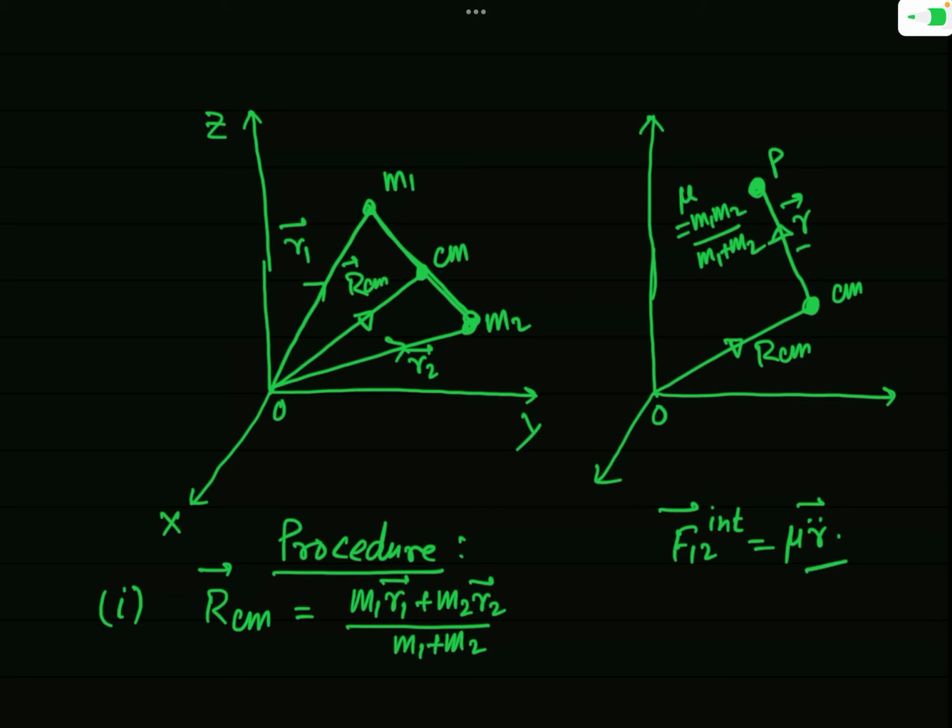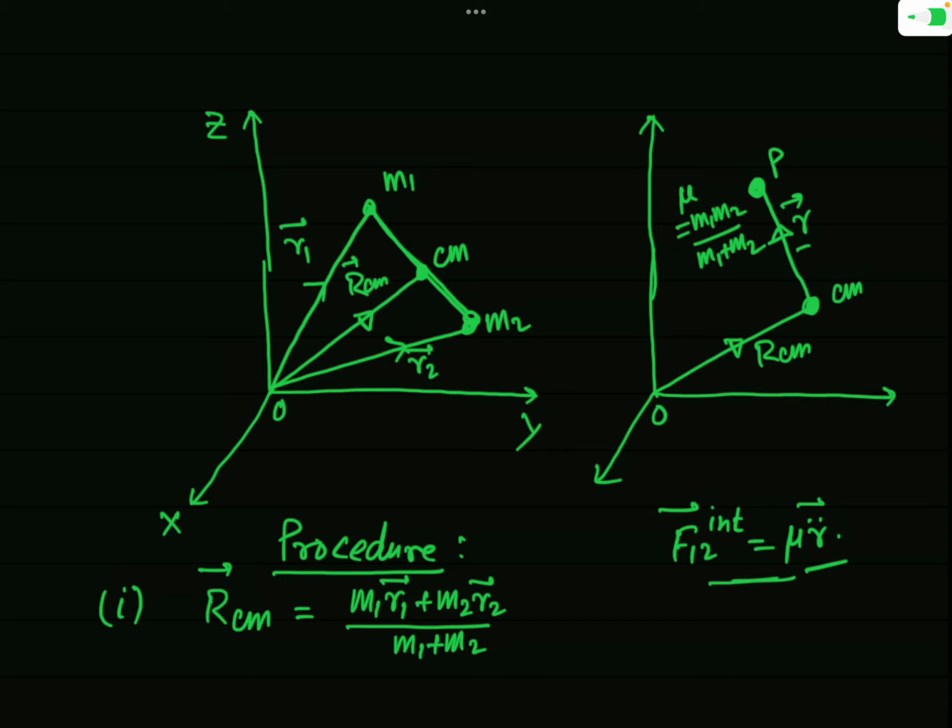For this you have to find R, which is R1 minus R2, and also RCM, and then with respect to the position of center of mass, you imagine a point mass equal to mu, and write the equation of motion like this, and the problem gets solved. This is the technique by which we can transform a two body problem under central force into its equivalent single body problem.